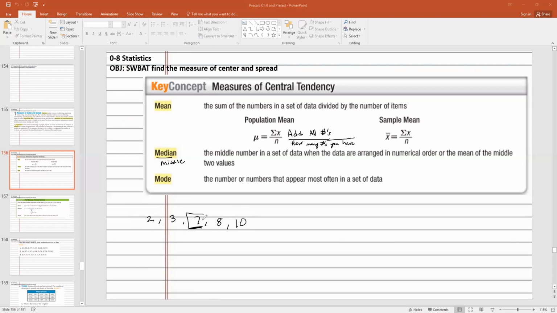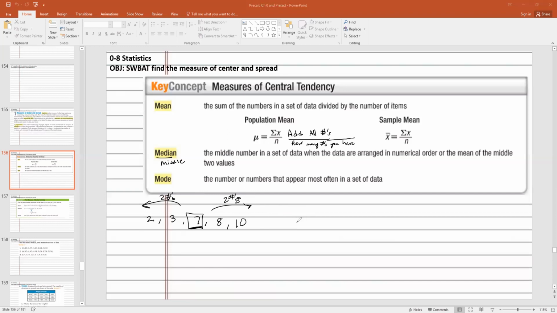It's the number in the middle, because there are two numbers on the left and two numbers on the right. And it has to be in numerical order.